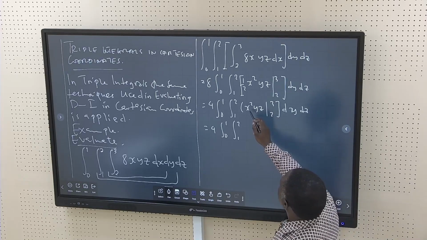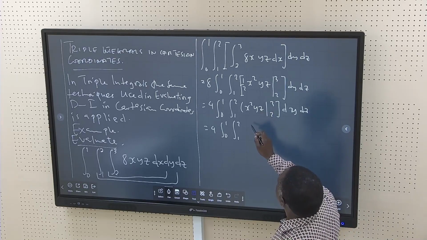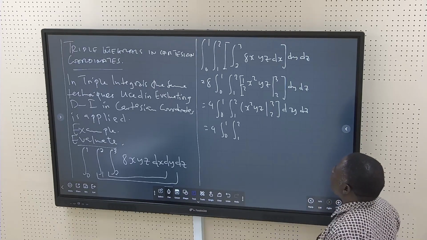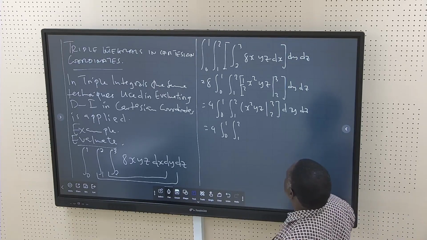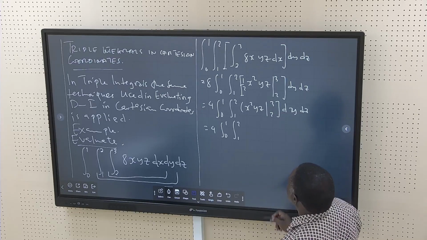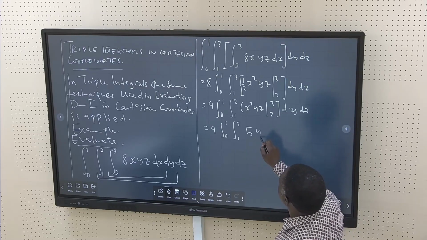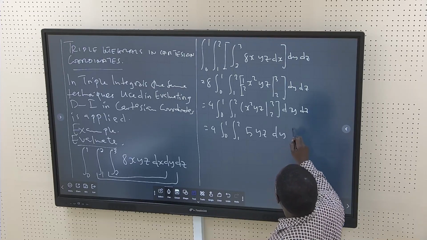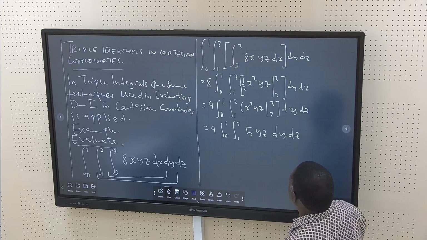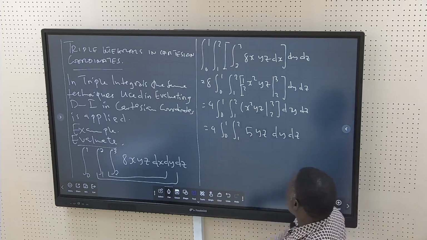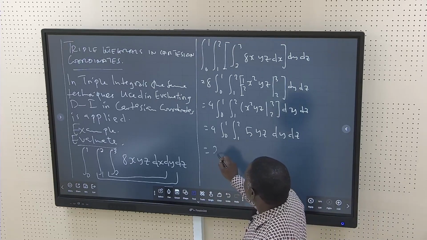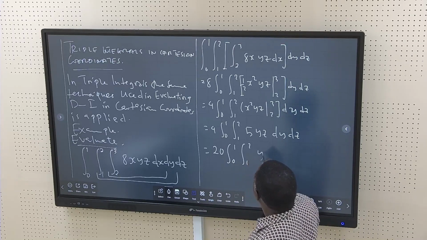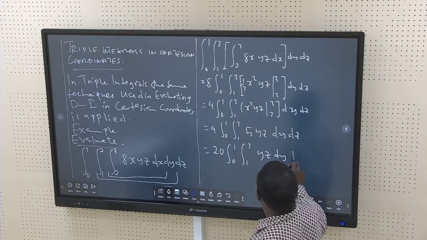Substituting 3 becomes 3 square, this is 9, and substituting 2 is 4. So it is 9 minus 4, which is 5. So this is 5yz with respect to y with respect to z. Again, you can take out 5, so here becomes 20, the integral from 0 to 1, 1 to 2, yz dy dz.